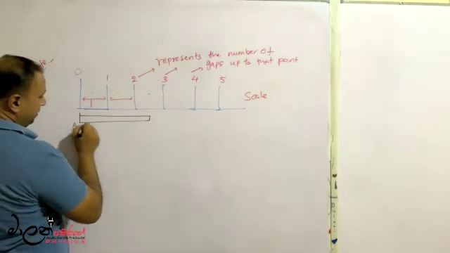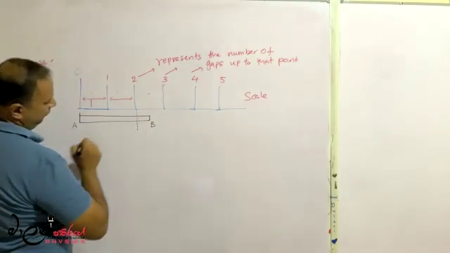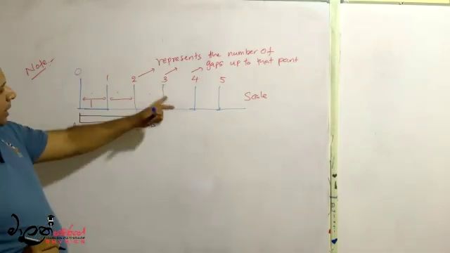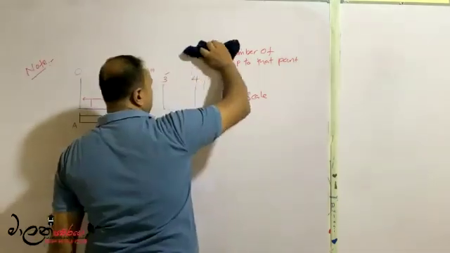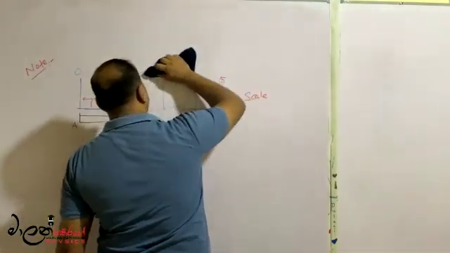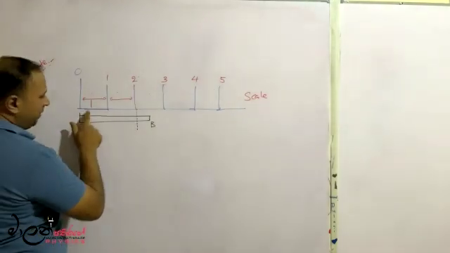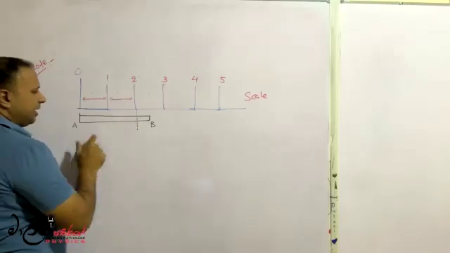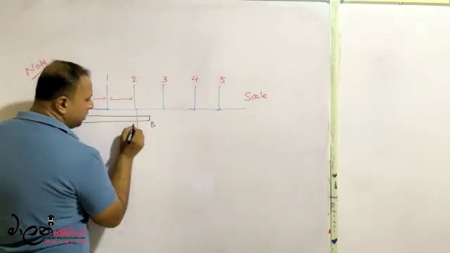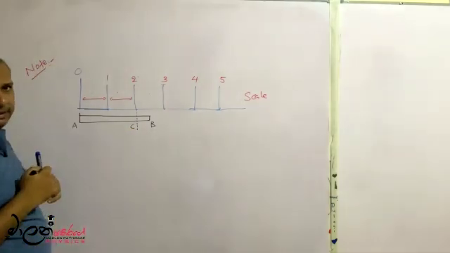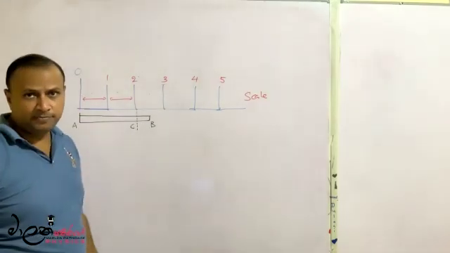Now this rod is here. It is very clear. Up to this point, you can get a direct value. But from here to here, suppose this one is C, from C to B, you cannot get a direct value. You have to assume a value.